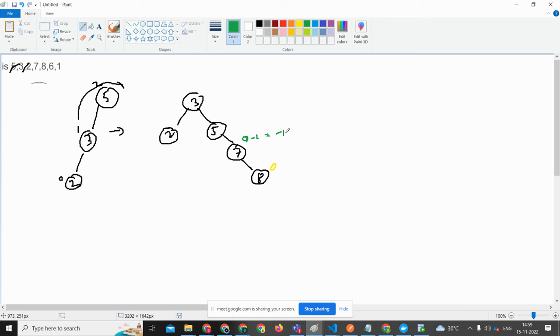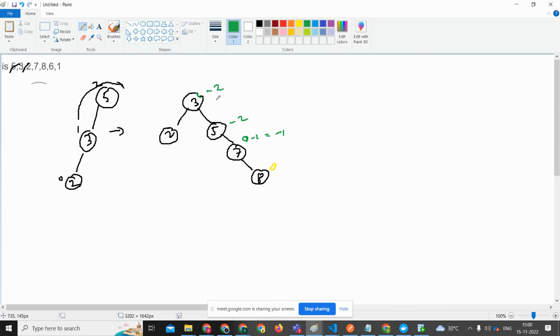Then 0 minus 2, which is minus 2. So you have the imbalance here. The imbalance is not in the parent. So if we have a parent, this will become minus 2 as well, correct?